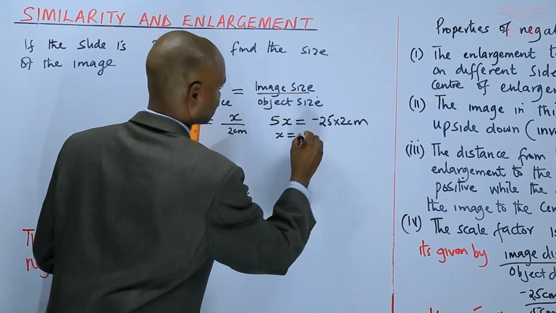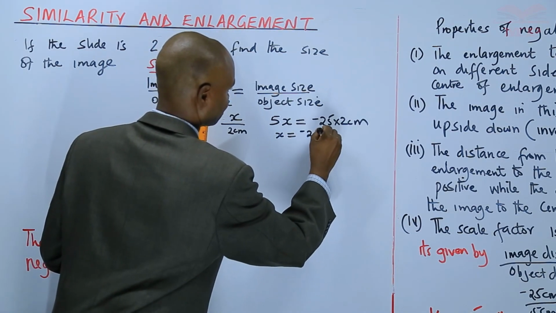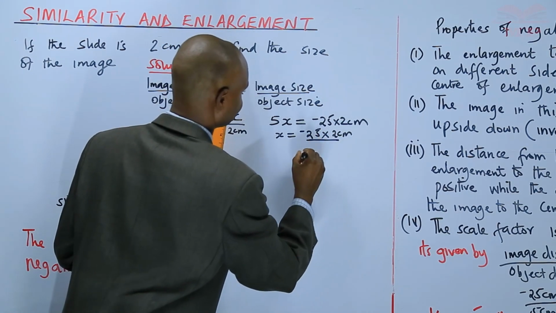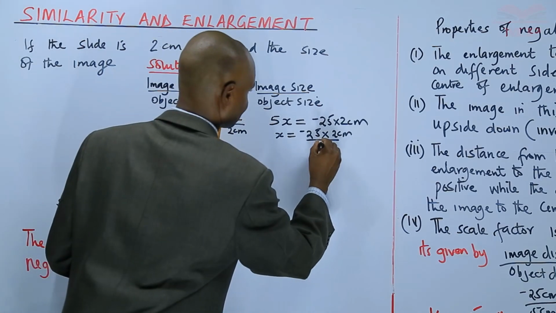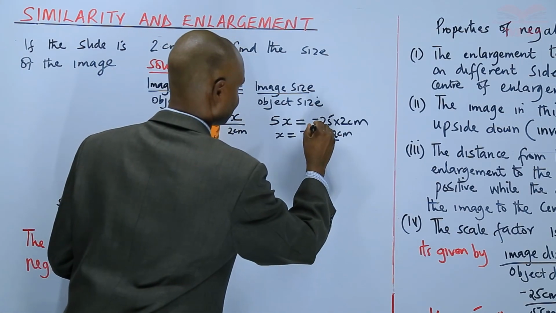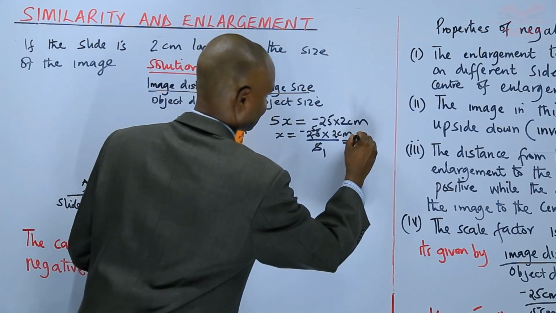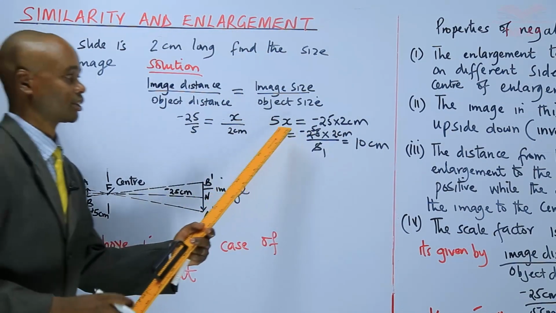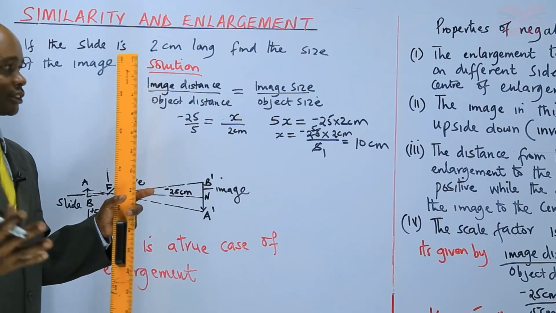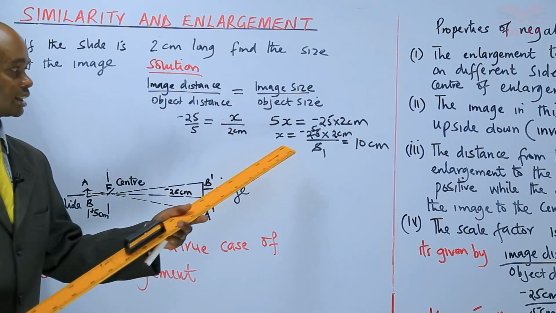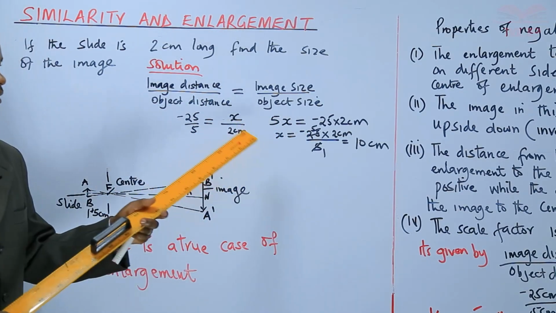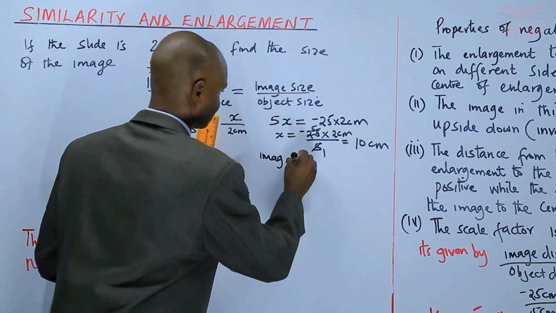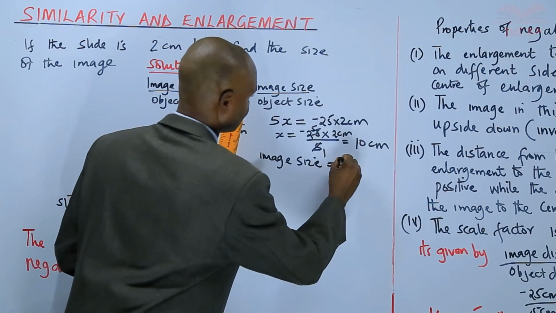So x is equal to negative 25 times 2 divided by 5, so it's 10 centimeters. We ignore the negative because a size cannot be negative. It just came from the scale factor. So the image size is 10 centimeters.